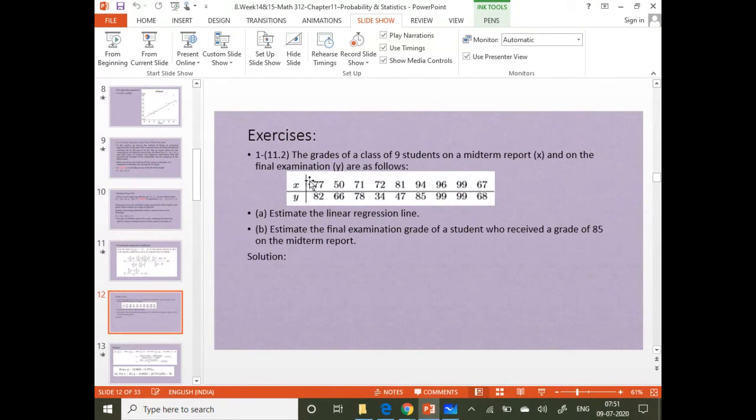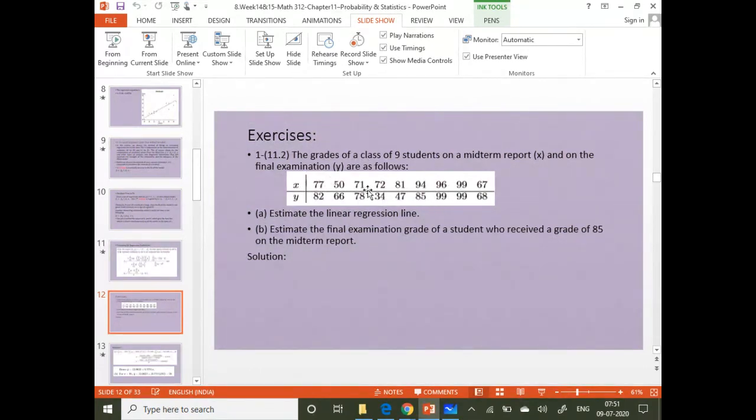See, 85 is not available in the x list, but 85 is certainly in the range. The minimum value of x is 71, 67, and no, there is 50 as well. The x values start from 50 and end at 99.